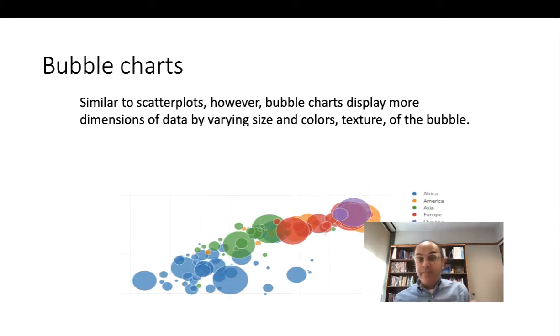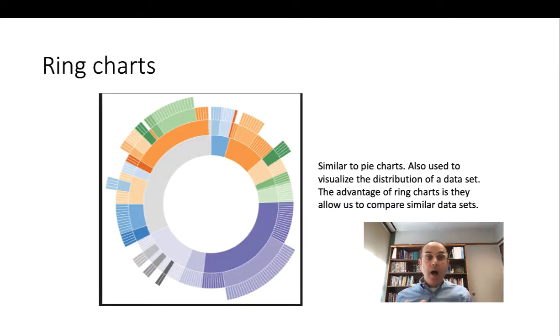What is so beautiful about the bubble chart is that we can have the size, the color, and the texture of the bubble change from one country to another. In this case these are different countries, and this is beautiful because it's also aesthetically pleasing to the eye. The ring chart is also a very popular platform in visual analytics, and it started back in the Renaissance days. Its advantage is that it allows us to compare similar data sets.